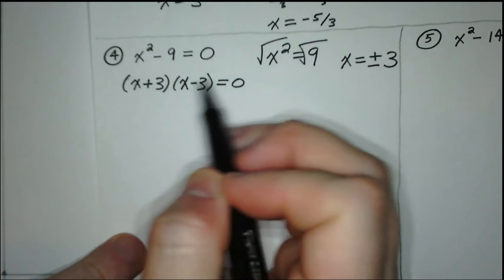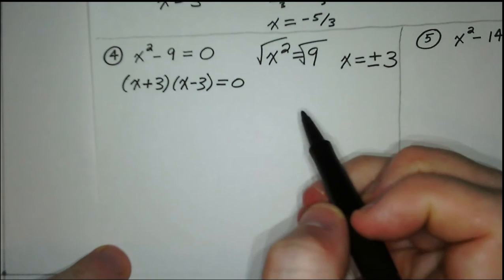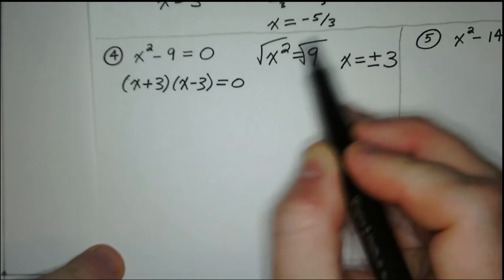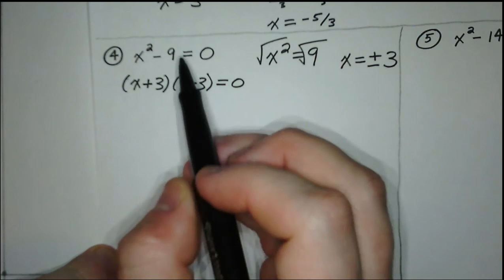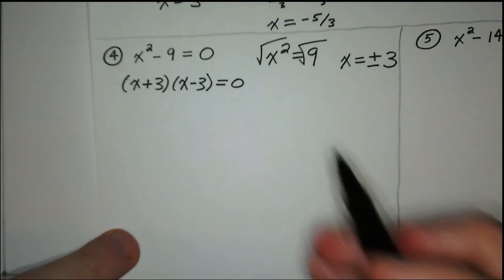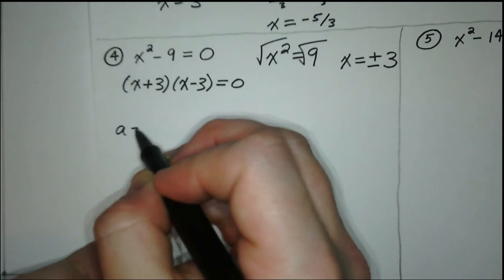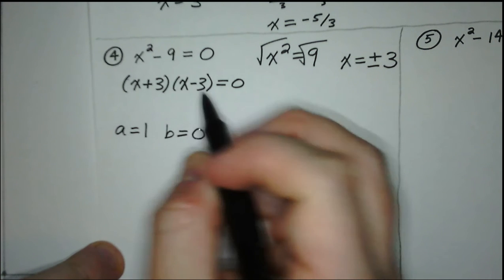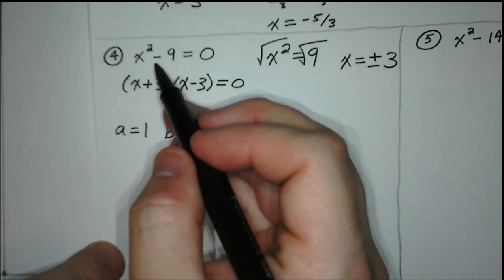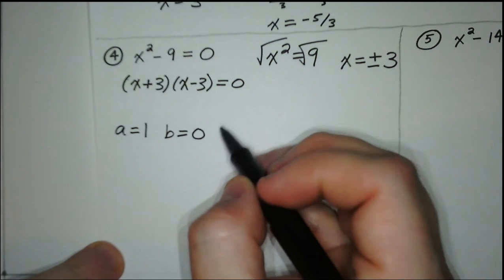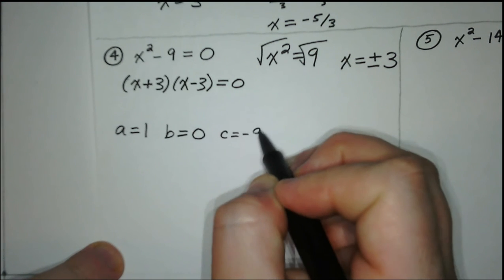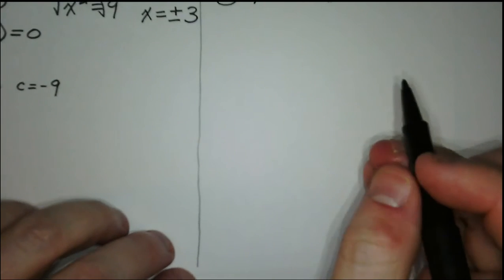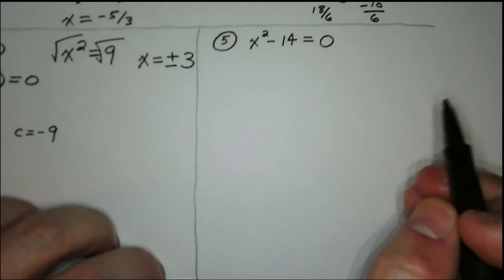There's all kinds of ways to do number 4. There's literally 3 different ways to do it. This way, the factoring way, or just doing the quadratic formula where a would equal 1, b would actually equal 0 because remember it's bx, like there, and then c would equal negative 9. But again, this video is gonna be long enough without me going down every single path.